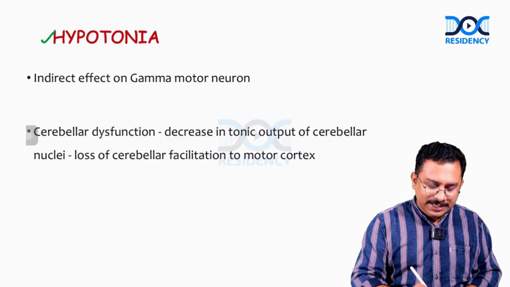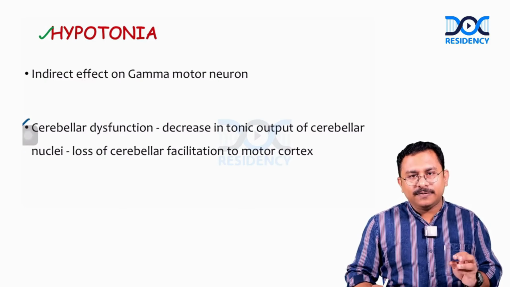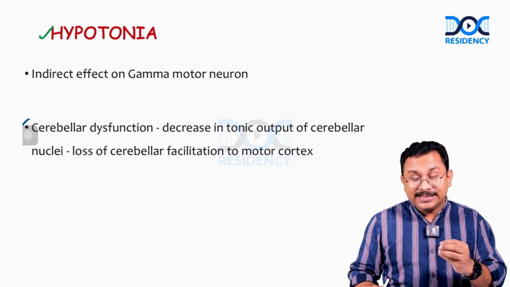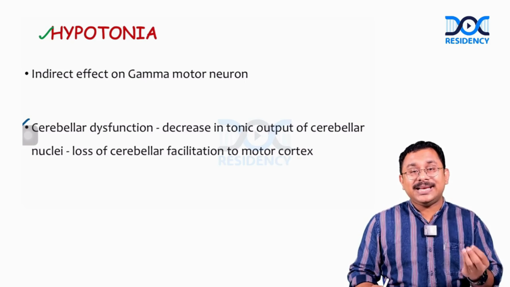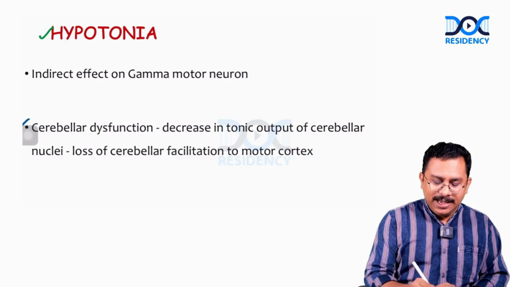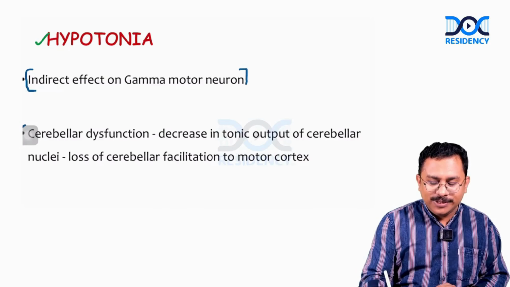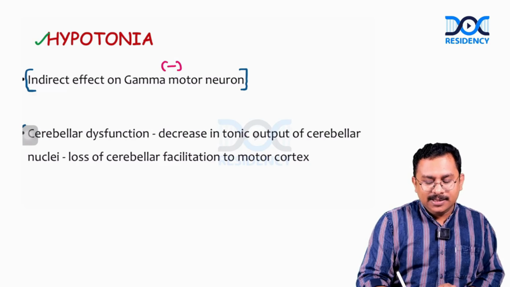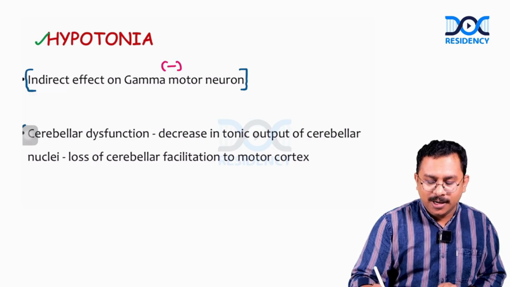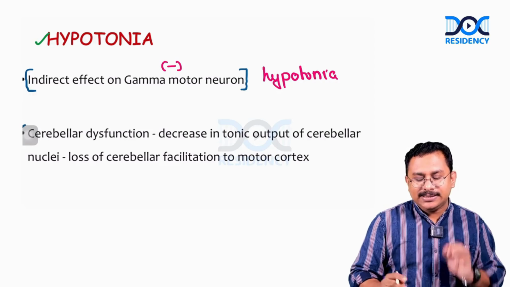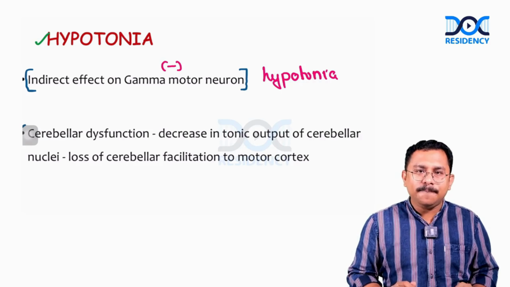In case of cerebellar dysfunction, there is a decrease in the tonic output of the cerebellar nuclei, which will cause a loss of the cerebellar facilitation to the motor cortex, and that is what causes the hypotonia. Please understand the reason. And this will have the effect on which motor neuron? Mainly the gamma motor neuron. In cerebellar dysfunction, there will be inhibition of the gamma motor neuron, and this inhibition, which happens indirectly, is responsible for the hypotonia. Clear?